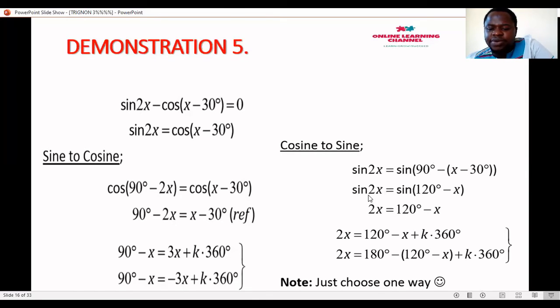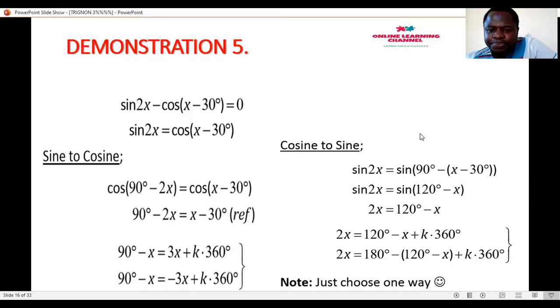So now we equate the angles. 2x is equal to 120 minus x plus k multiplied by 360. And then 2x is equal to 180 degrees, because it's sine, minus 120 minus x plus k multiplied by 360, where k is an element of integer.